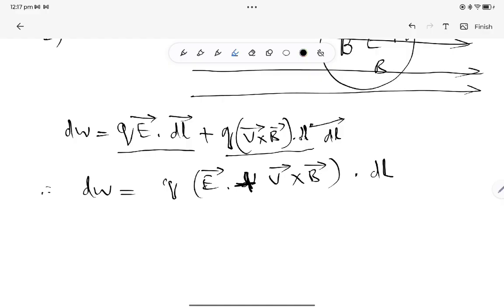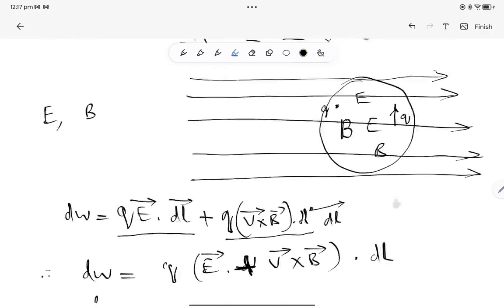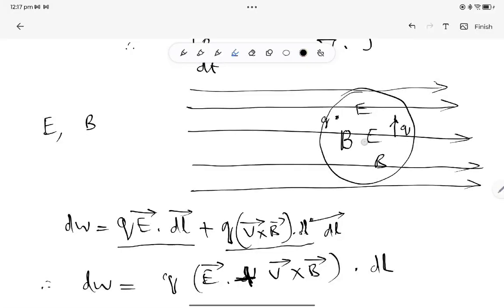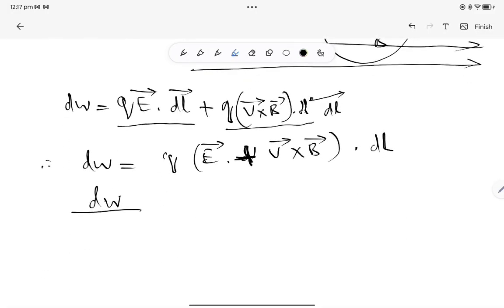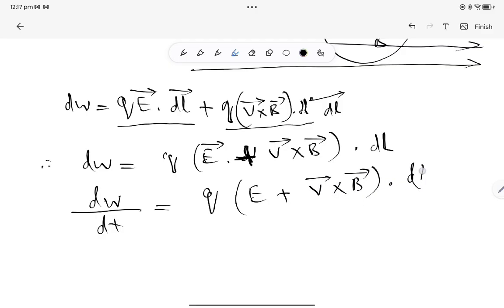The rate of doing work, that's the power delivered by the electromagnetic wave to these charges and currents, is dW by dt, that is Q (E plus V cross B) dot dl by dt.